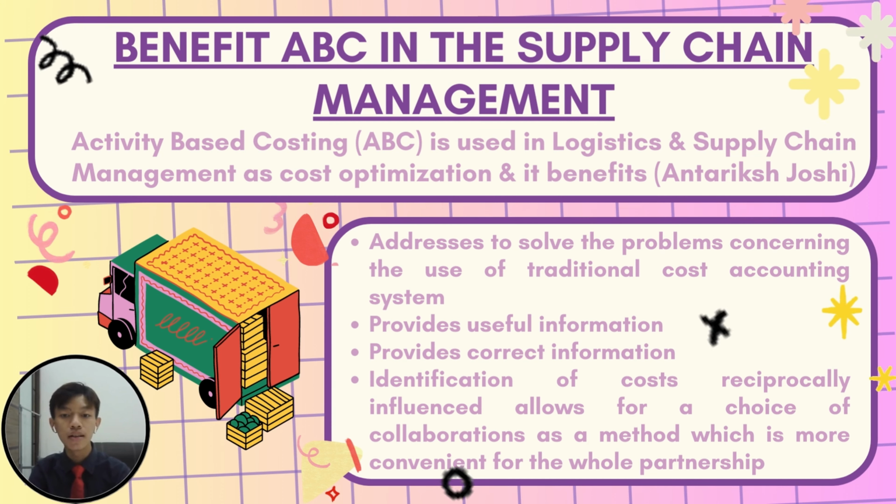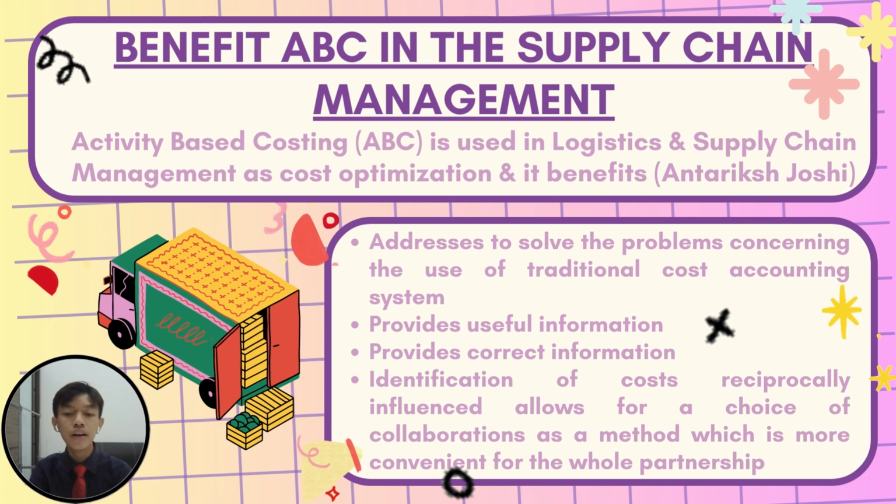Additionally, ABC allows the identification of costs that are reciprocally influenced, meaning that we can identify parts of the supply chain that rely on other areas for their success. By identifying these areas, we can pinpoint where inefficiency may be occurring and make changes to improve processes and ultimately reduce costs. Furthermore, ABC allows us to make informed decisions about collaborations, enabling us to choose methods that are more convenient and benefit the entire supply chain.